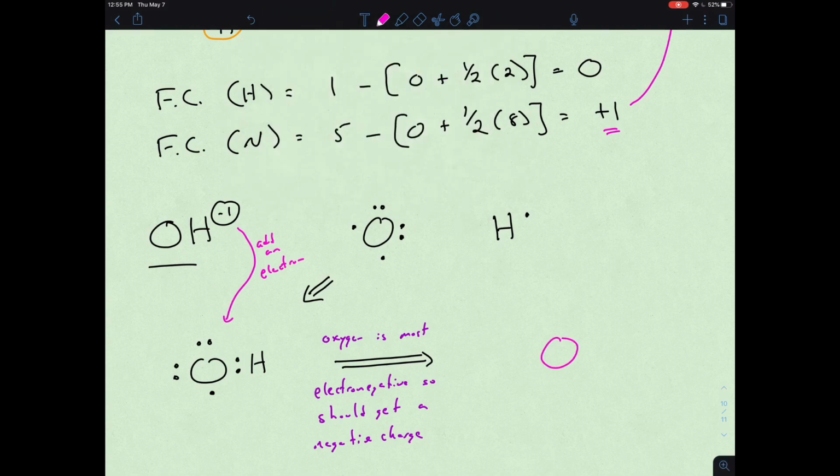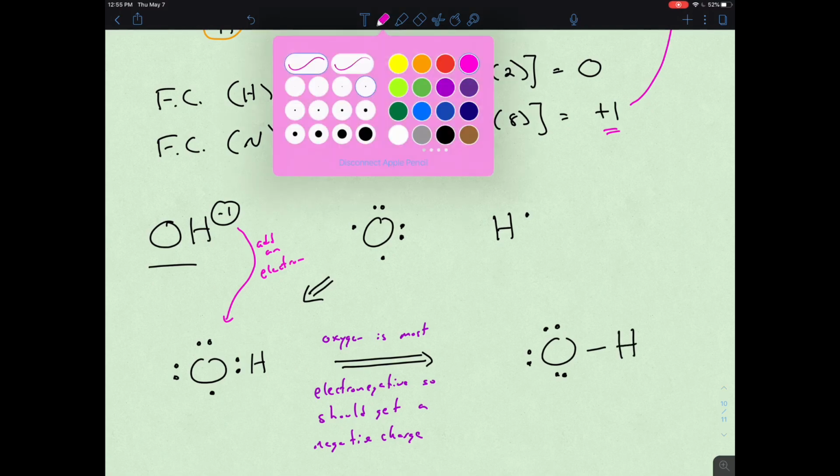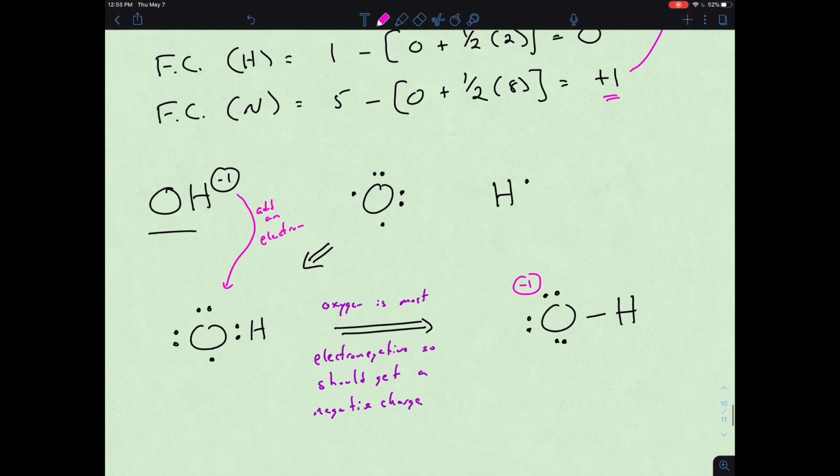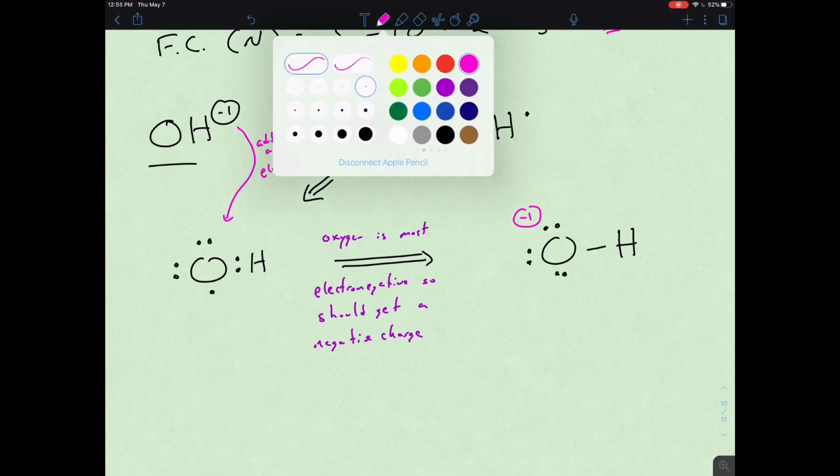So that means we have oxygen now accepting an electron to make hydroxide. And because it accepted that electron, I can say that that oxygen is actually -1. And we'll find that that's a really good rule, that when we have a negative charge, we tend to add it to an oxygen within a molecule.